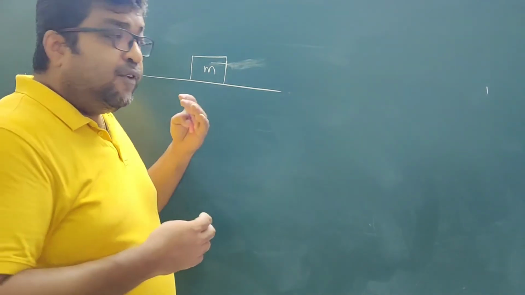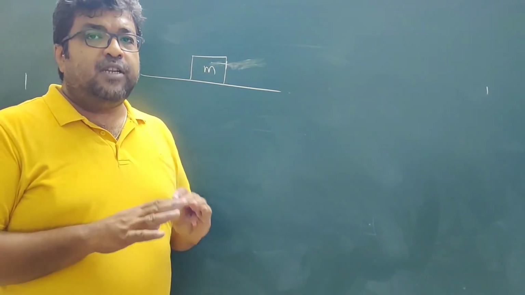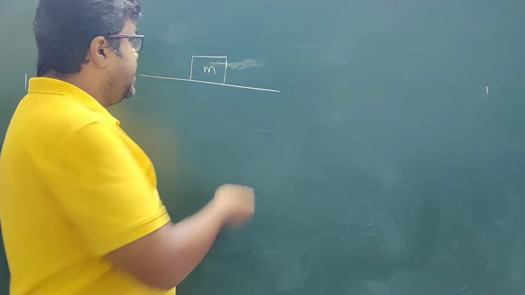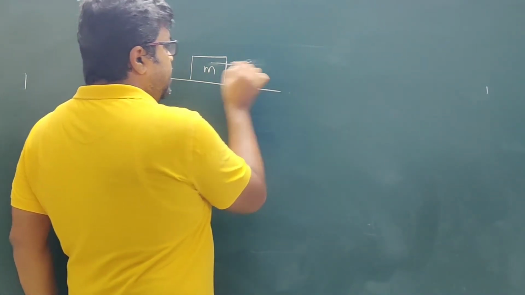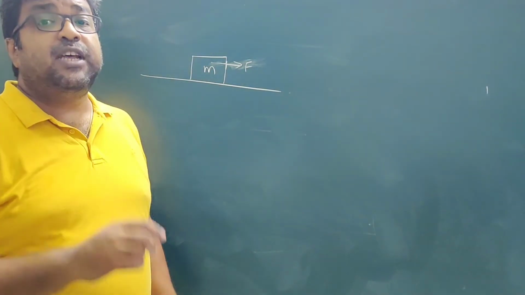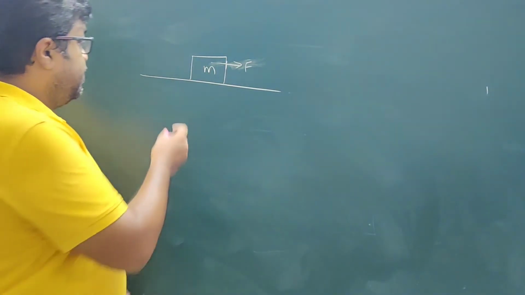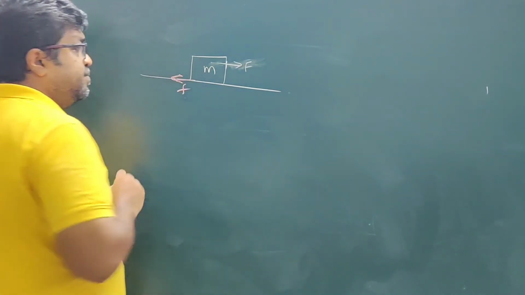Friction will only come when there is relative motion, or when the block is just trying to move, even when it is at rest. For example, I apply a force F, but that force is not sufficient for the block to move. But now friction has come, acting in this direction. So this is the friction force.